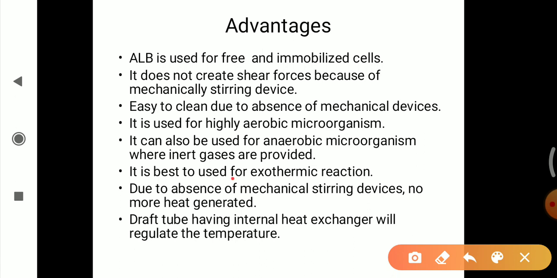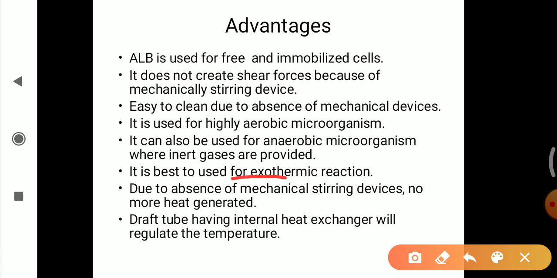It is best to use for exothermic reactions. Here I would like to give one example: SCP production, that is single cell protein production from methanol utilizing bacteria. These bacteria use methanol as a carbon source and grow.